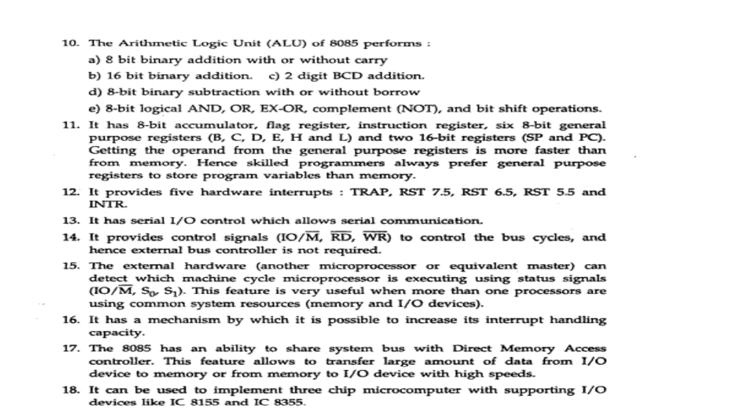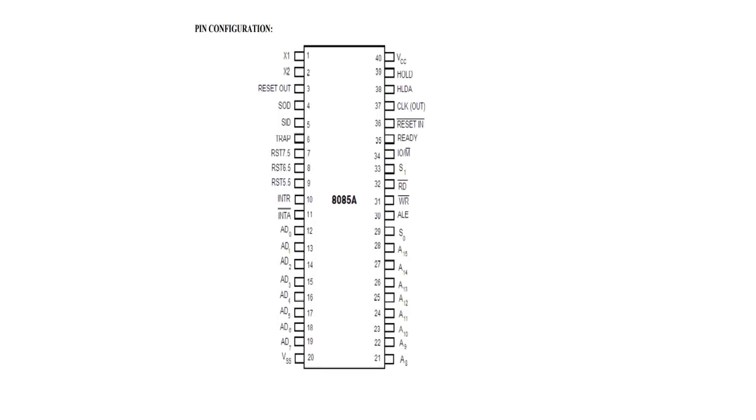Then there is the pin configuration. You should know the pin diagram. Either you draw it, or you just make it the wallpaper of your mobile phone, so that you will get the concept of this pin configuration.